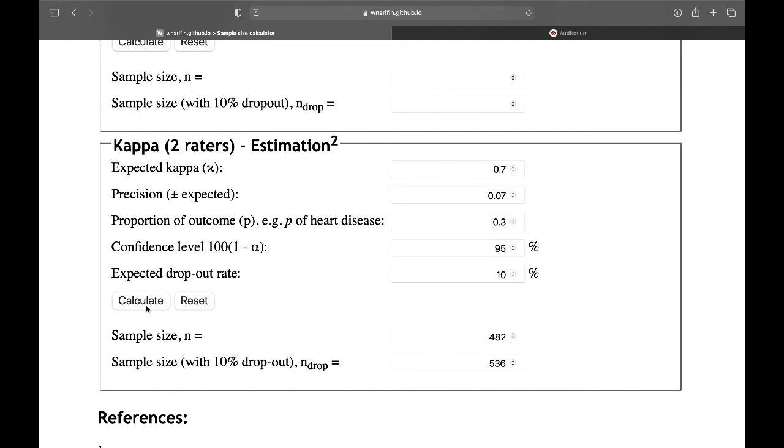So you will require a sample size of 482 persons and apply both the tests, and you can calculate the degree of agreement between them, right? If we keep this as 0.08, that is 10% of 80%, the sample size calculated will decrease.